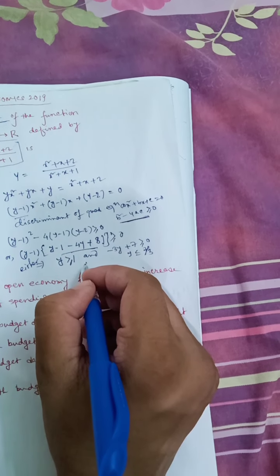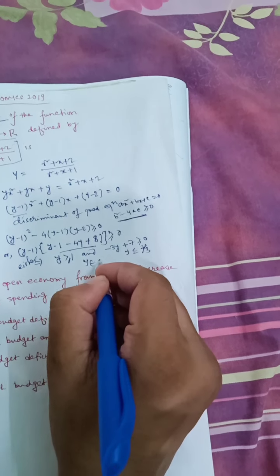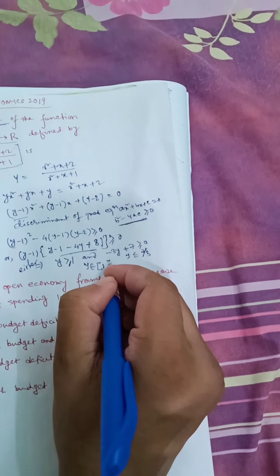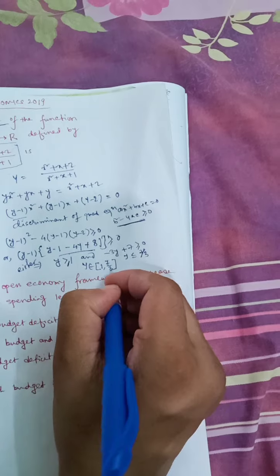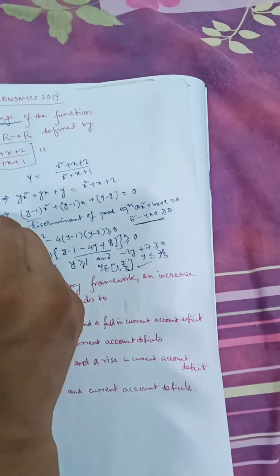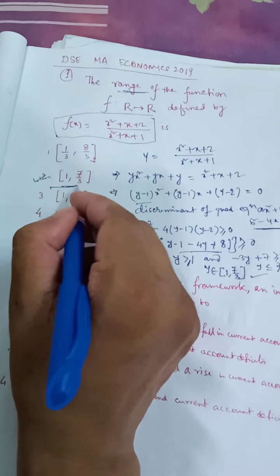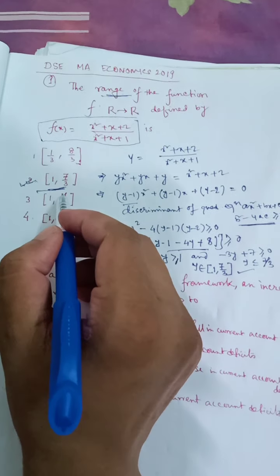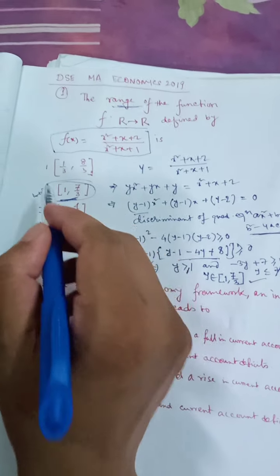So y belongs to [1, 7/3]. So [1, 7/3] is the second option that is given here, and it is the correct answer.